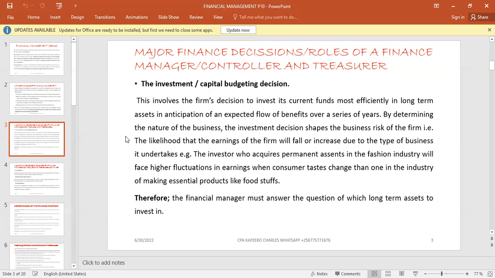This says it involves the firm's decision to invest its current funds most efficiently in long-term assets, in anticipation of an expected flow of benefits over a series of years. And what this means is that we are looking at which long-term assets we are going to invest our money in.